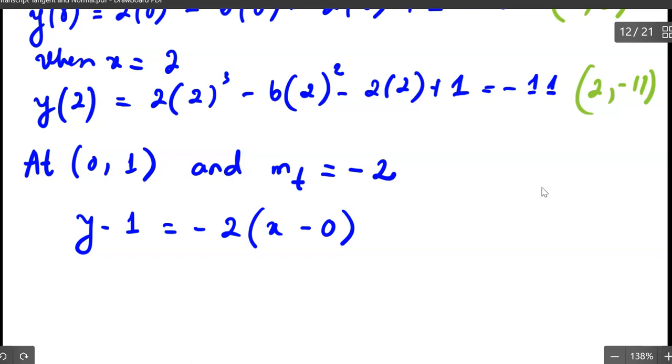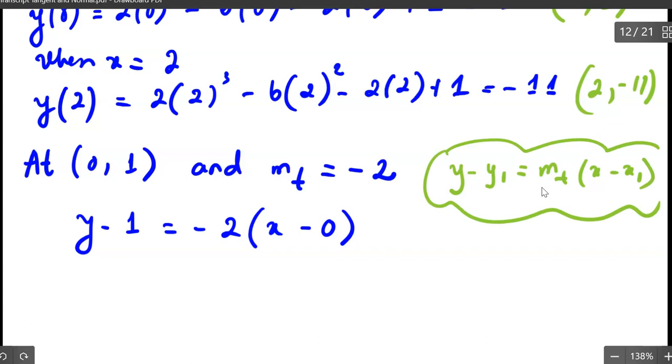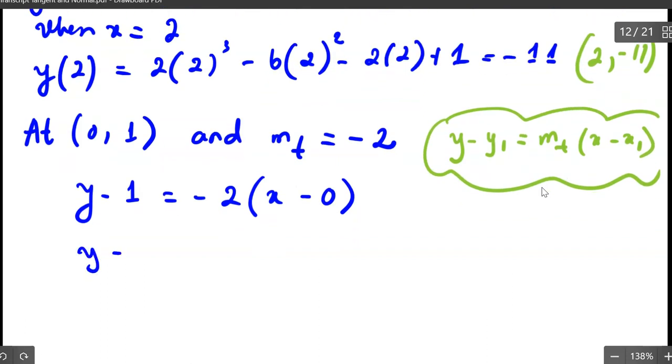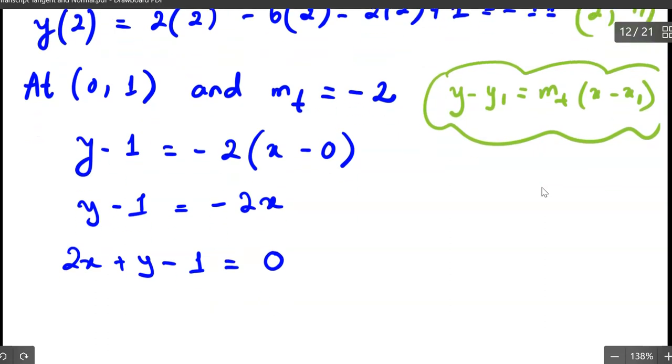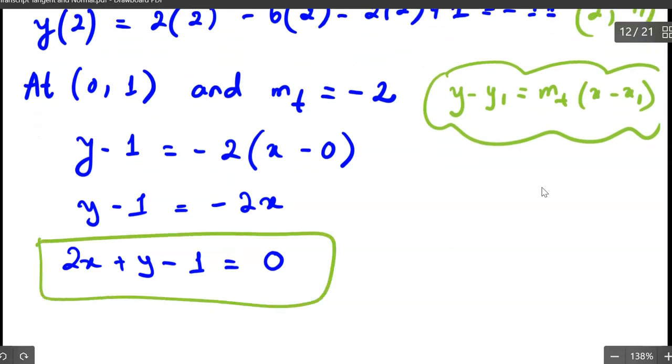Okay, so let's remind ourselves of y minus y1 equal to m_t times x minus x1 in this case. So then what we have is y minus 1 equals minus 2x, okay, and then 0. So in this case, what I have is 2x plus y minus 1 is equal to 0. So this is one equation, okay?